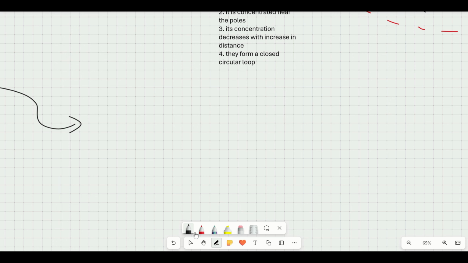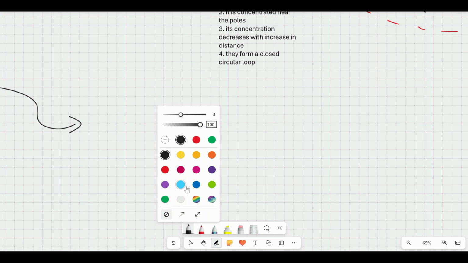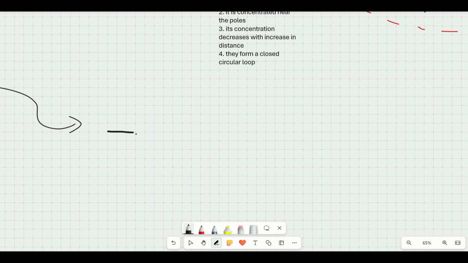What happened was there was a thick black wire, and in that wire current was flowing. Let's make a circuit. In the circuit current was flowing.